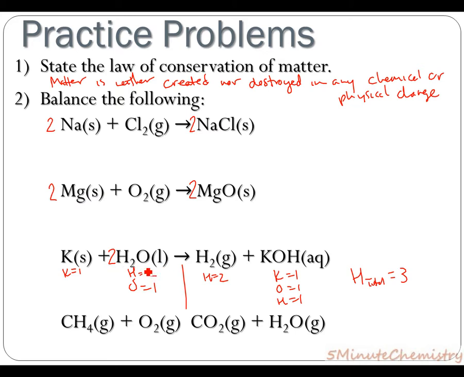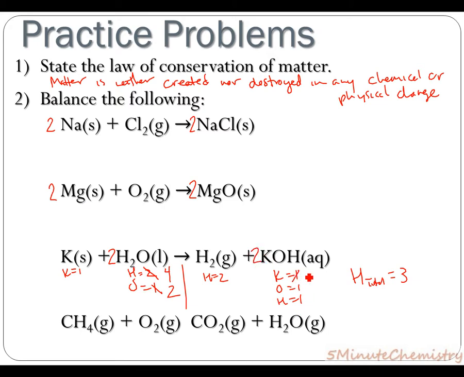This 2 makes this now 4 hydrogens, and the 2 times the 1 oxygen makes that a 2. Over here, now I can see that I have too few hydrogens on the right, and I have too few oxygens. So now let me try to fix the oxygen. If I have 2 oxygens on the left, to get 2 on the right, I add a coefficient of 2 here.